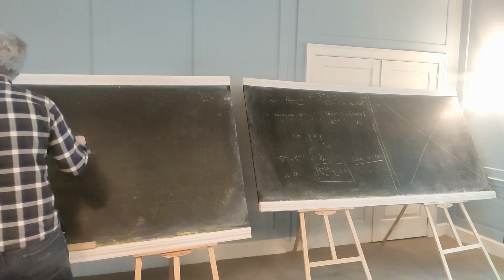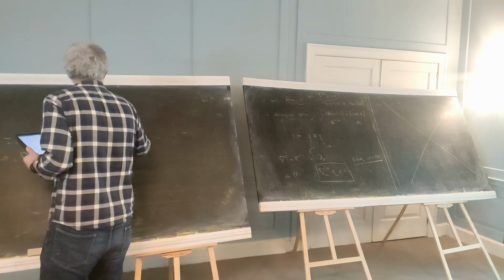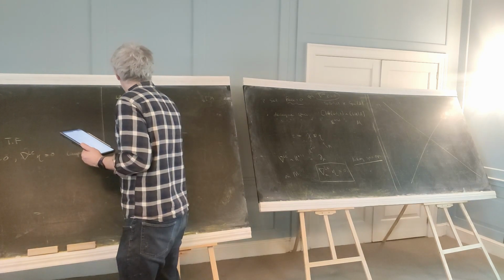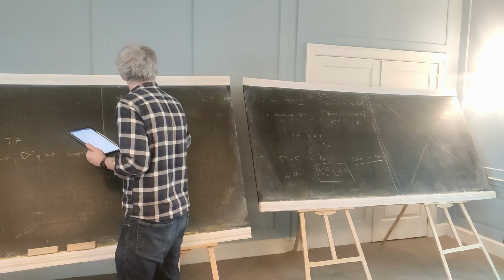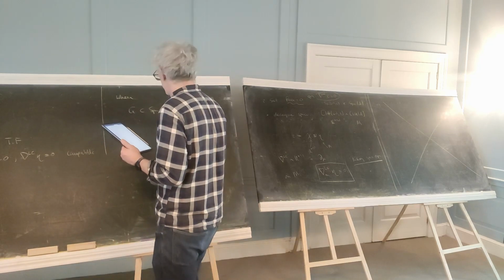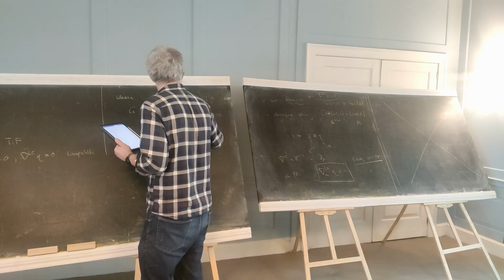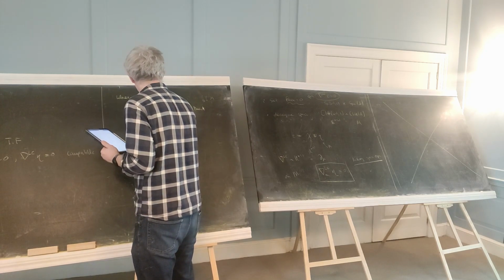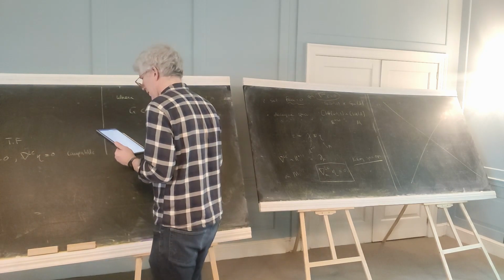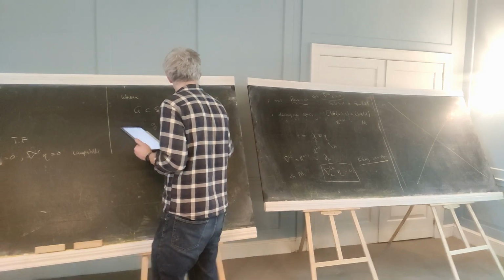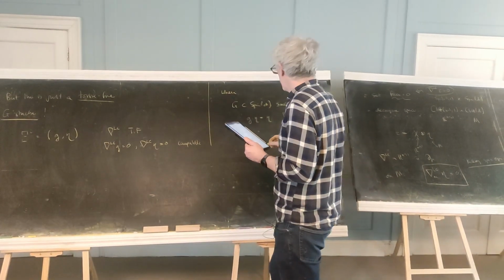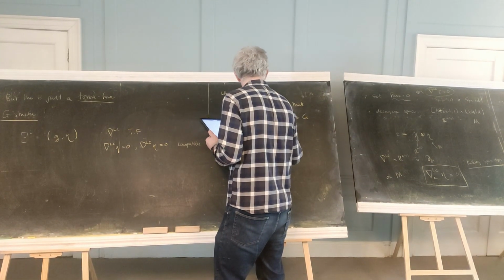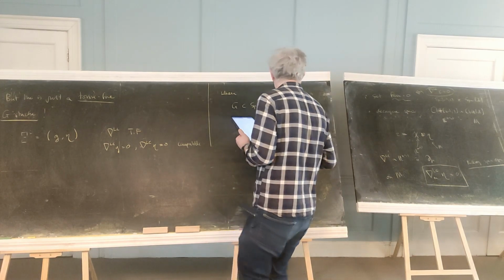So what this should be is a G structure where G is the subgroup of spin D such that G acting on eta is just eta for all g in the group, i.e. this is just the stabilizer group of eta.